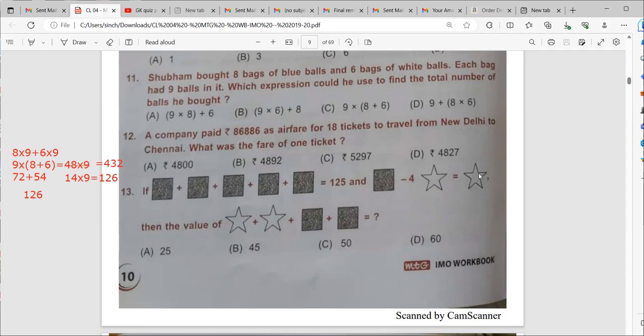If you bring 4 star on the right hand side, what will the sign become? Will it be minus or plus? Plus. Very good.